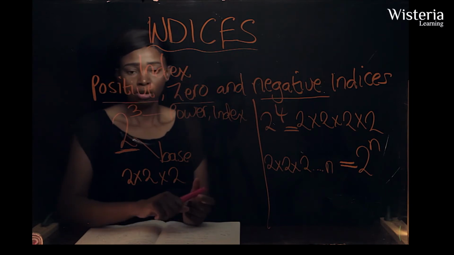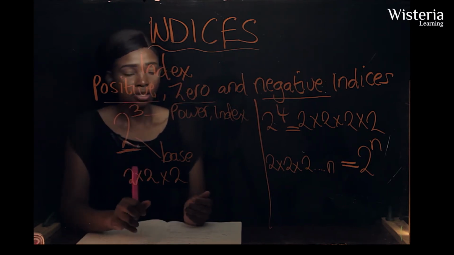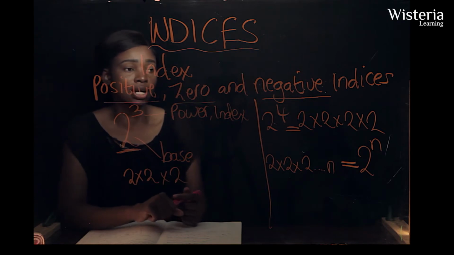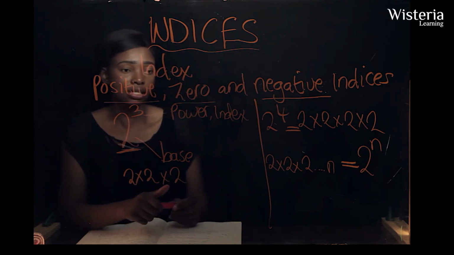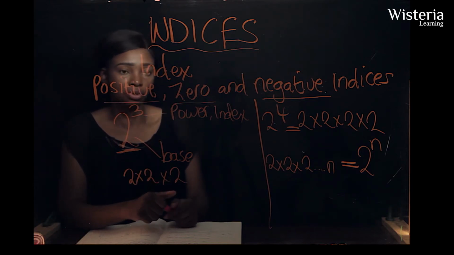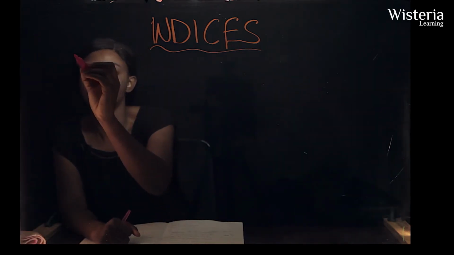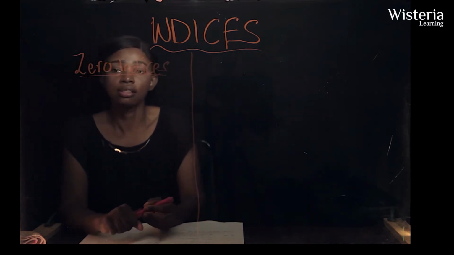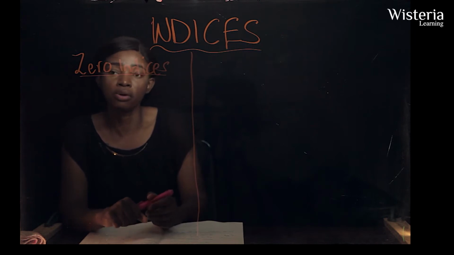So we're going to continue looking at 0 indices. These are positive indices. Then we're going to look at 0 indices. What happens to a number which has been raised to the power 0? 0 indices are those indices that have been raised to the power 0.